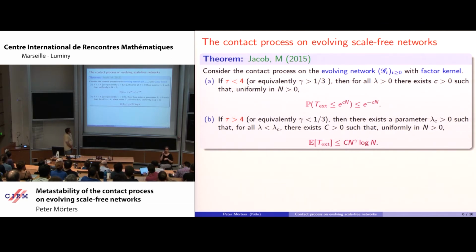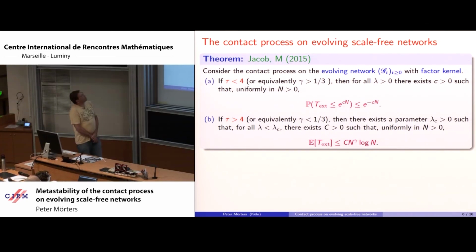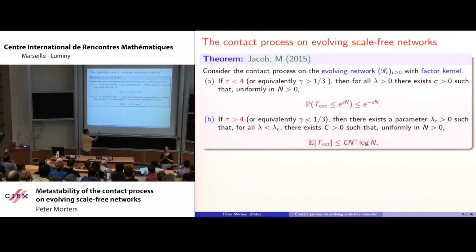No matter how small the infection rate lambda is, the probability that you become extinct in less than exponential time is exponentially small. In other words, you need an exponential time until your infection dies out.